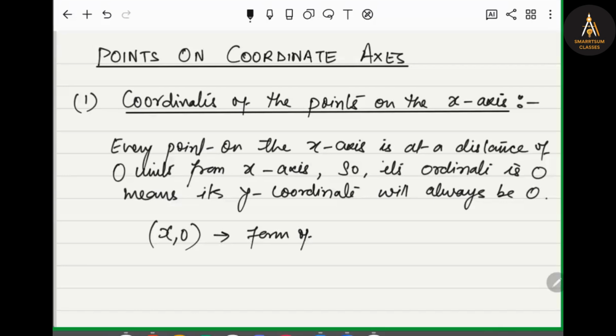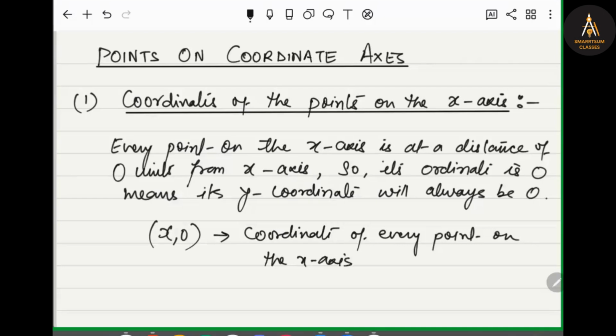Form: coordinate of every point on the x-axis. Means the value of x will be different, but the value of y will always be 0. Is that clear?